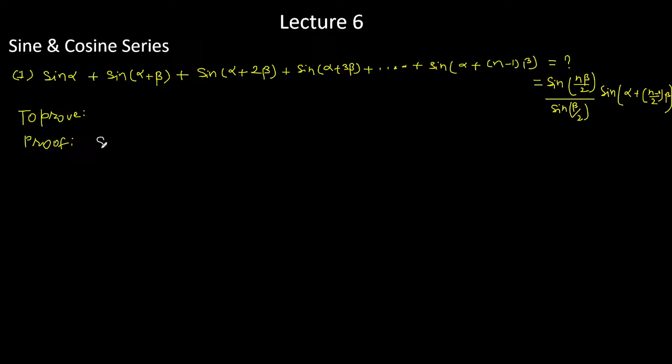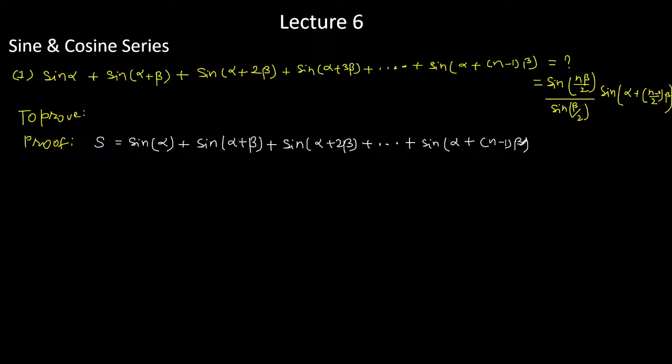We'll consider S is equal to sine alpha plus sine alpha plus beta plus sine alpha plus 2 beta plus dot dot dot sine alpha plus n minus 1 beta.